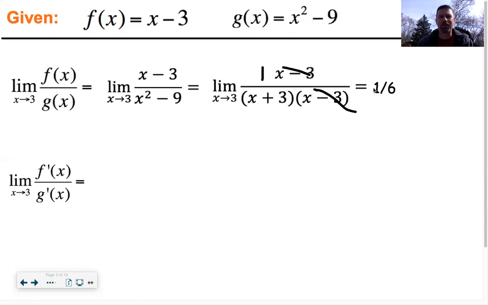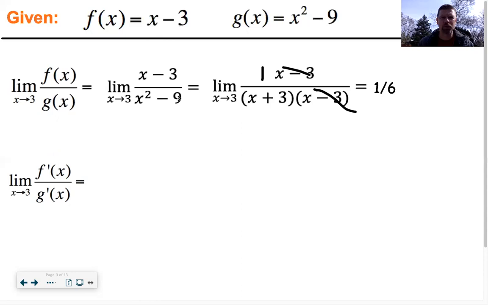There's something kind of interesting about when the limit is in indeterminate form, when I get that 0 over 0. And that's finding a limit like this. You'll notice this limit is definitely not the same as that. This was the limit as x goes towards 3 of f of x over g of x. This is the limit as x goes towards 3 of f prime of x over g prime of x. Well, f prime is just the derivative of f. The derivative of x minus 3 is 1.